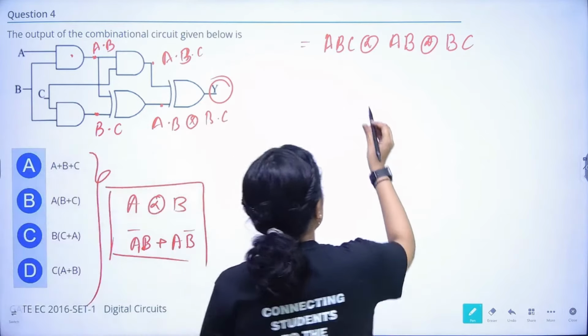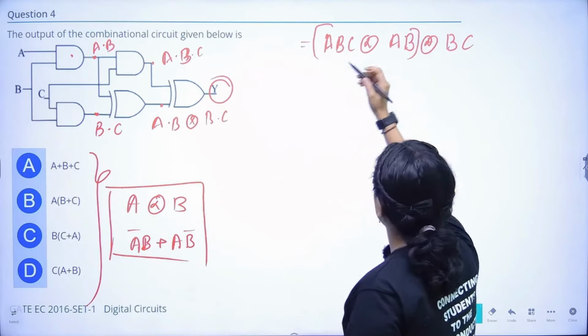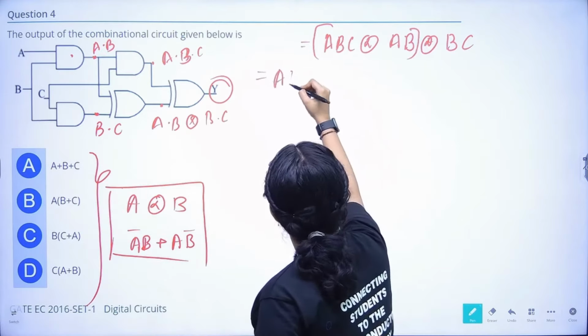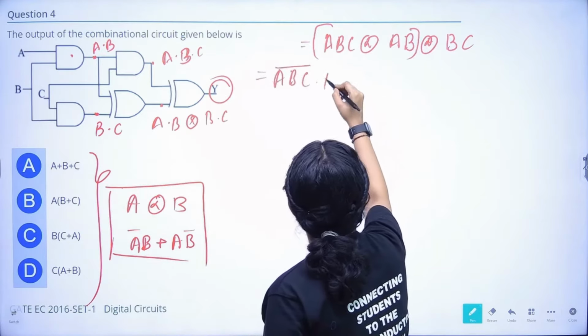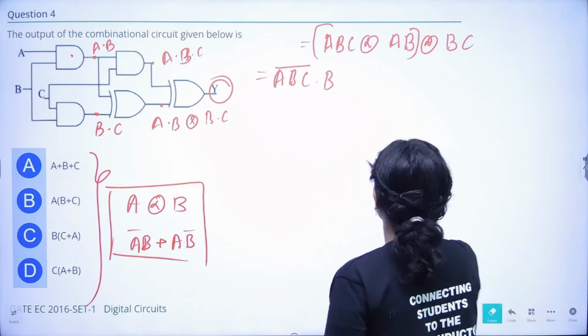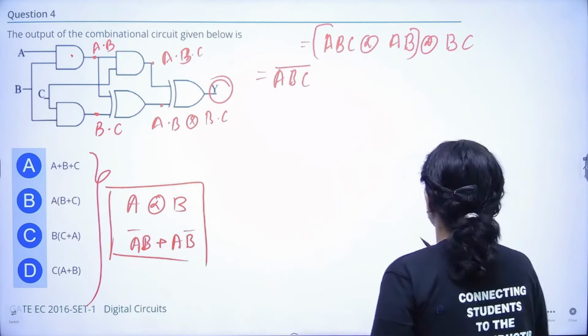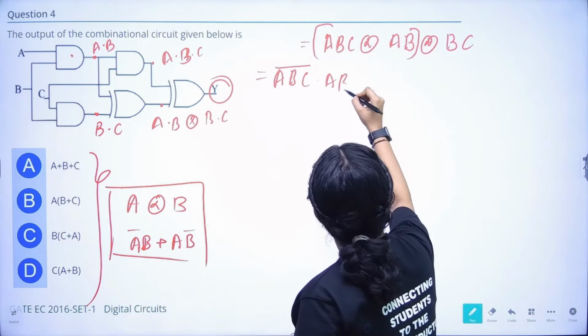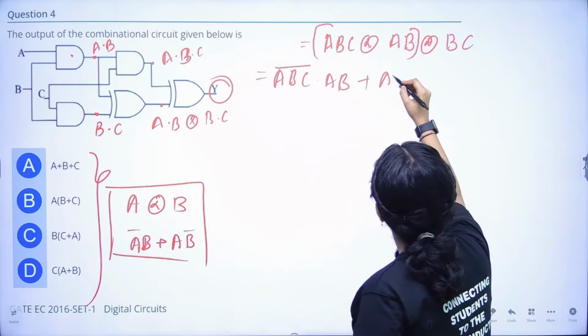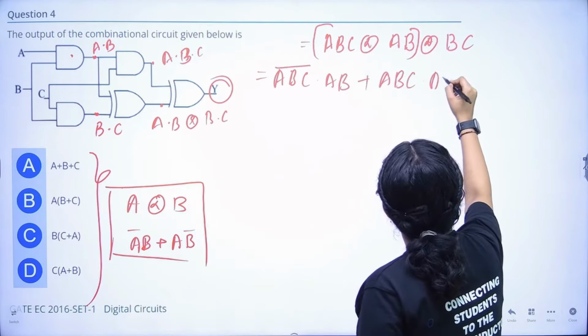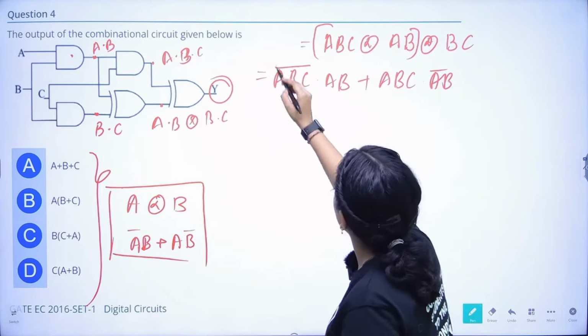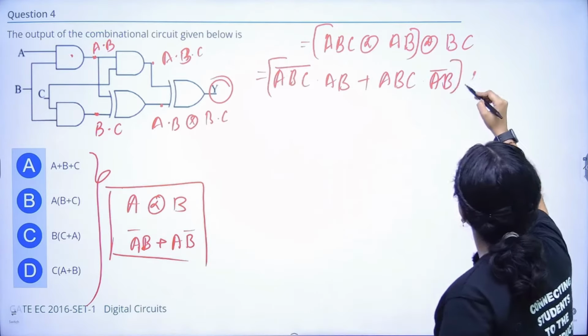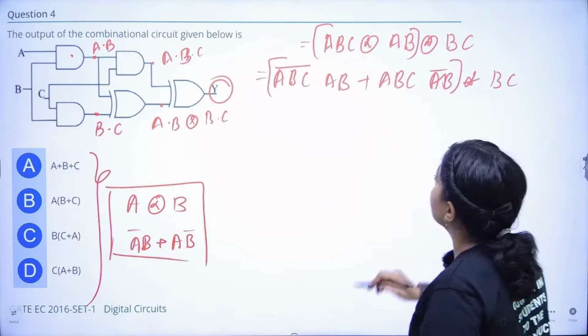So let's expand the first XOR, then we'll expand the other one. So it will be ABC XOR AB, that is, ABC dot complement of AB plus complement of ABC dot AB, and this whole XOR with BC.